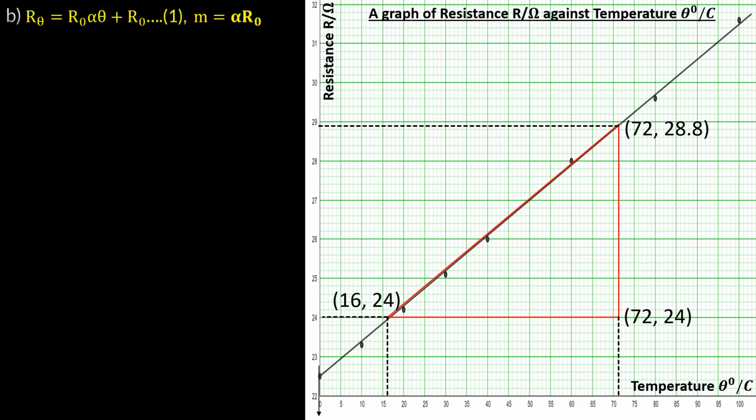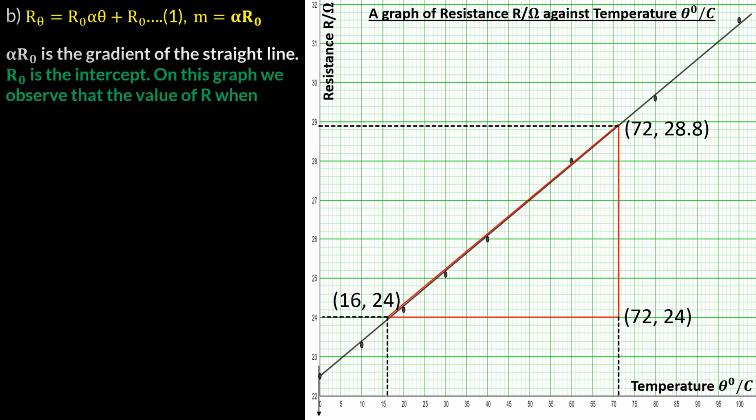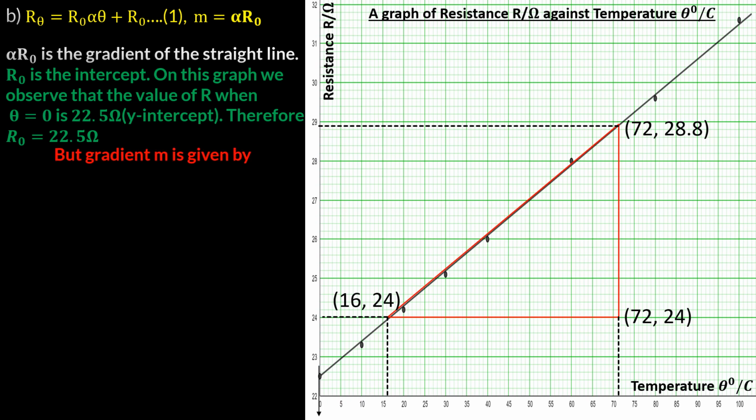So since we know that the gradient is equal to alpha R0, then alpha R0 is the gradient of that straight line. R0 is the intercept, and on this graph you observe that the value of R when theta is equal to 0 is 22.5 ohms, the y-intercept. So therefore, as we said earlier, R0 will be 22.5 ohms, but the gradient M is given by the vertical rise divided by the horizontal rise.